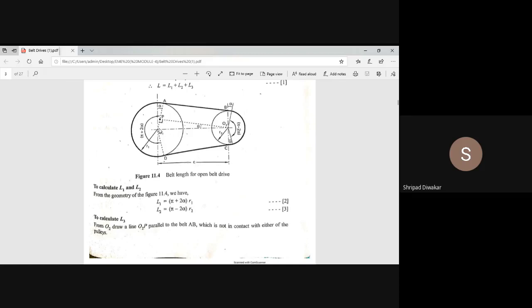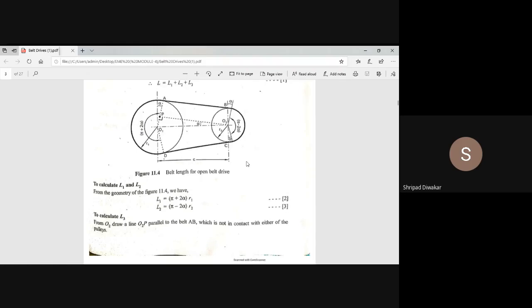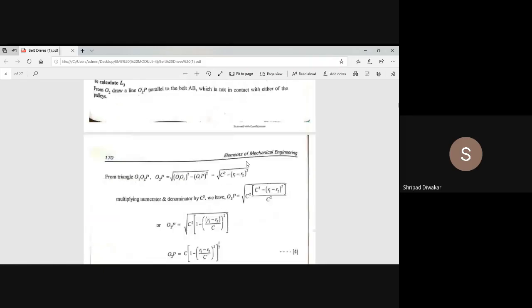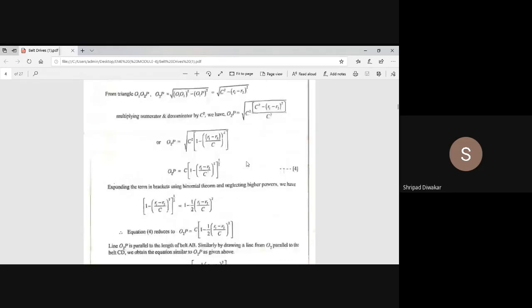Already we took it as R1 minus R2. So O1P is R1 minus R2 divided by C, that is sine alpha. Okay, sine alpha is (R1 minus R2) divided by C.